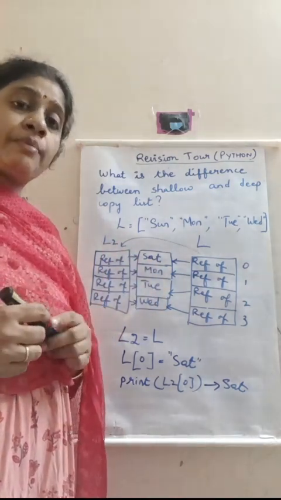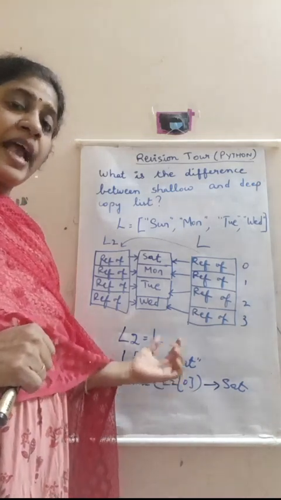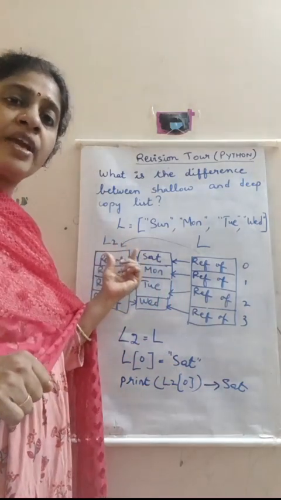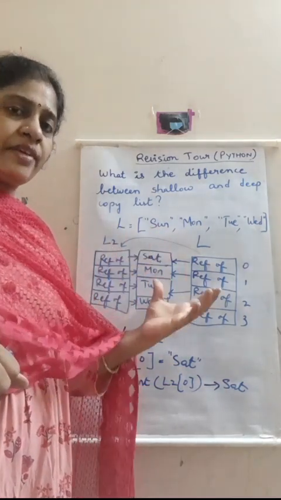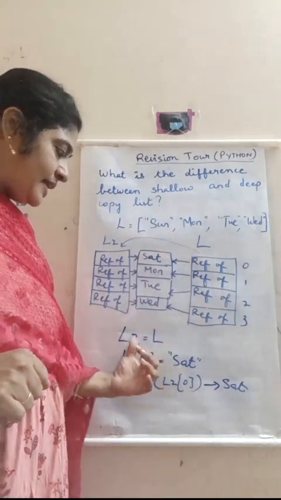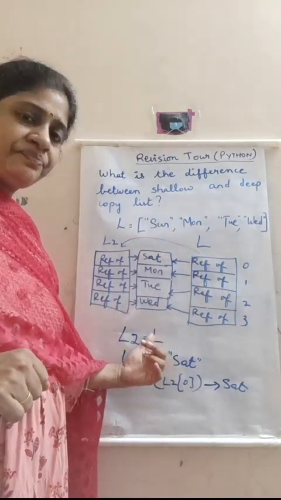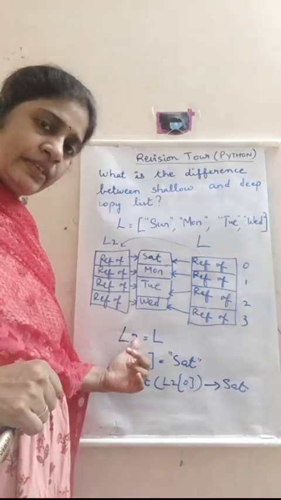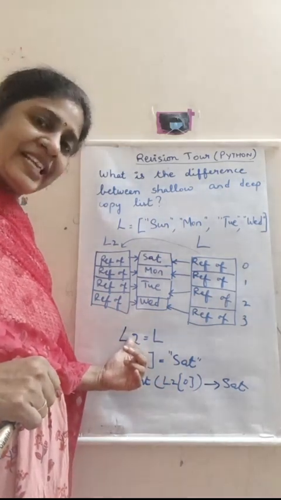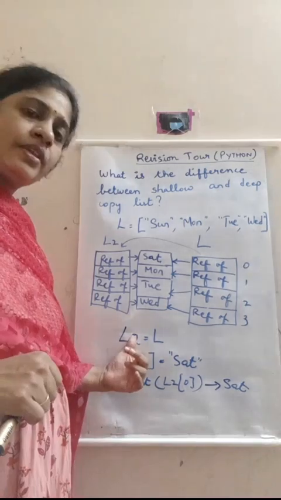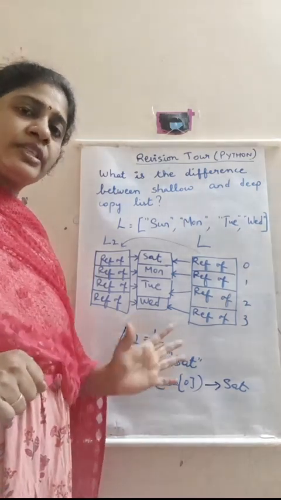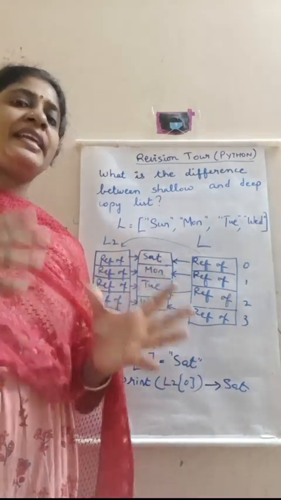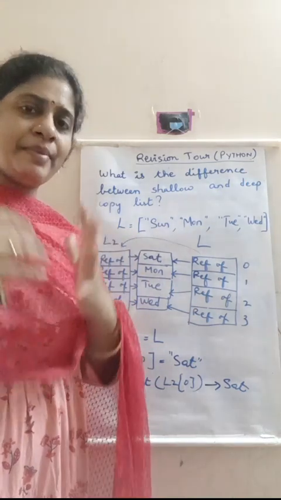So this is about the assignment operator, and this is called a shallow copy. L2 is called a shallow copy because memory is not allocated for a new list. The same list L is referenced by another name, L2. Now in deep copy, new memory will be allocated.